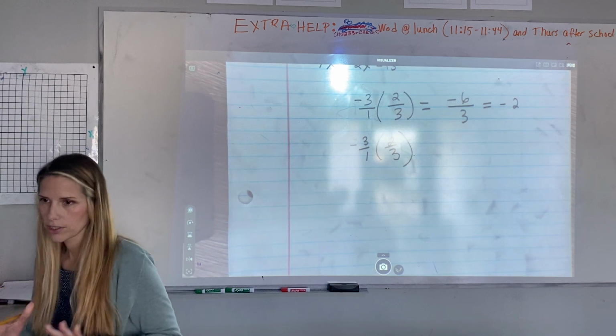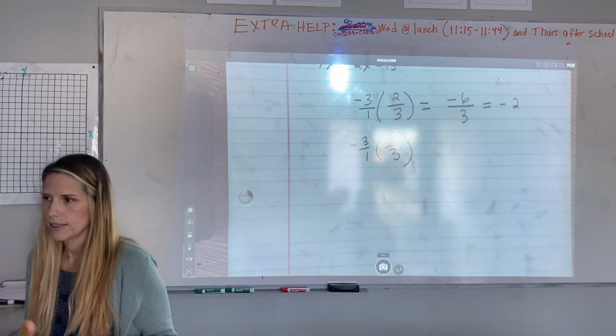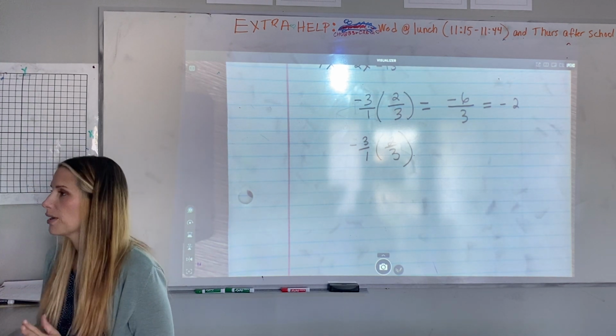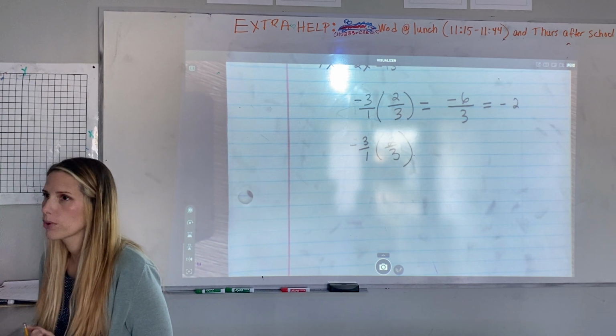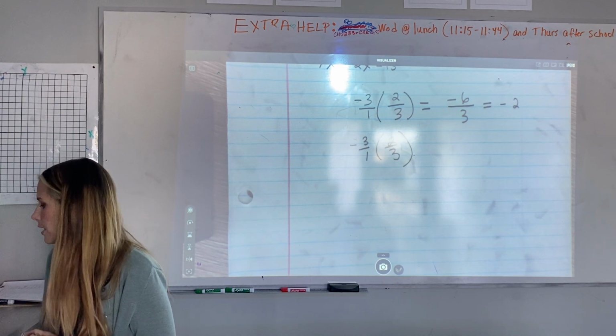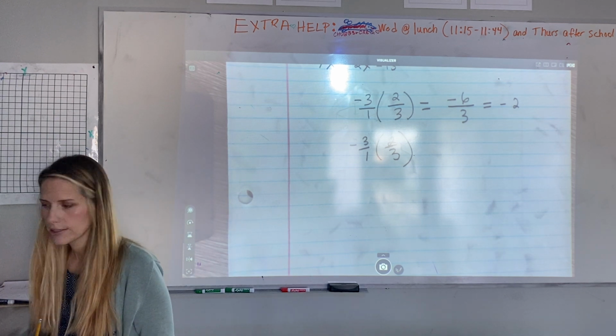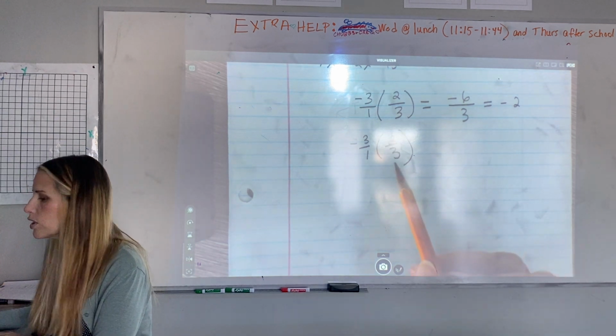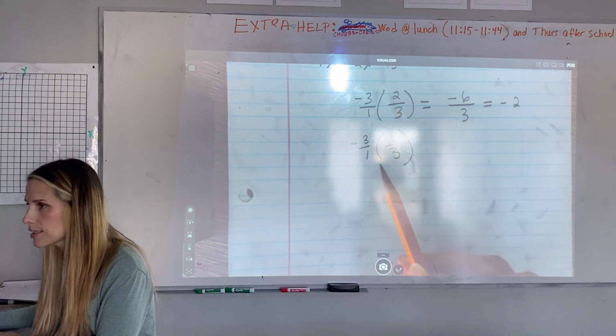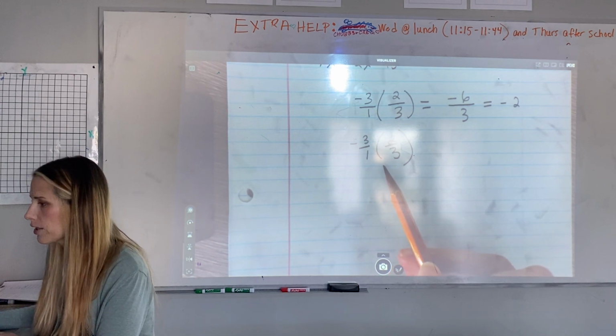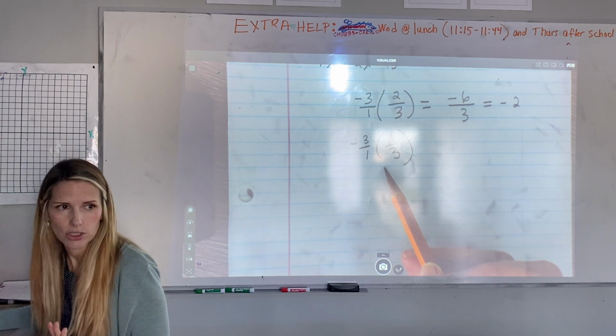What you guys learned along the way, I don't know what grade it was. It could have been 4th grade, because my 4th grader, I believe, is already learning this. In 4th grade, 5th grade, 6th grade, you were taught that you can actually reduce the fractions before multiplying with a numerator-denominator match.